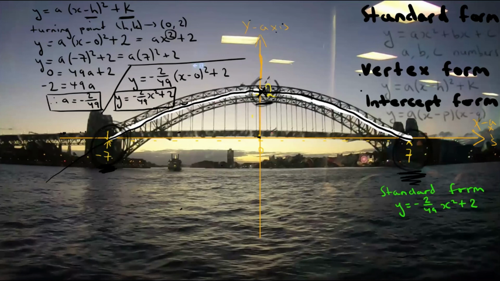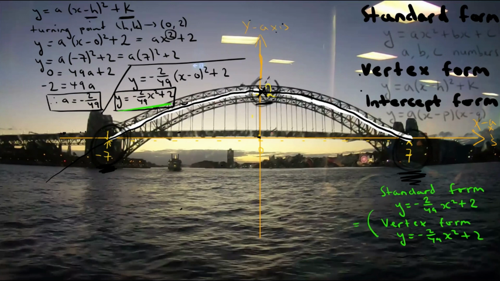Well, if we write it down here, vertex form, y is equal to, what do we have? It's right here, right? We have minus 2 over 49 x squared plus 2, and again, surprise, surprise, they are equal.